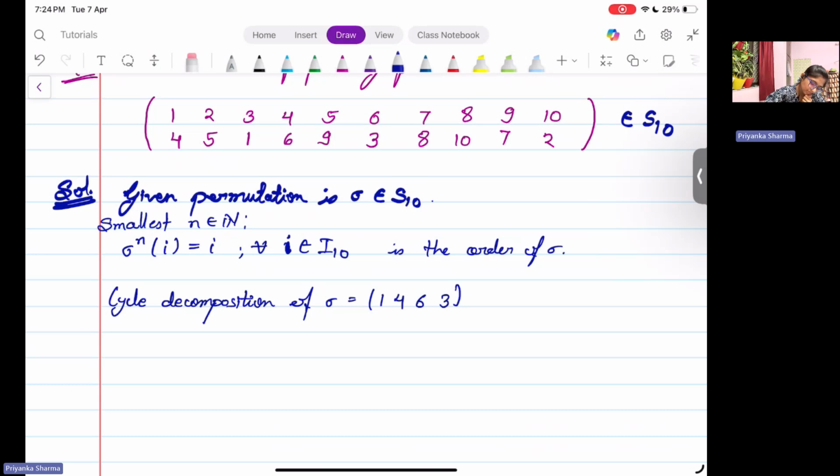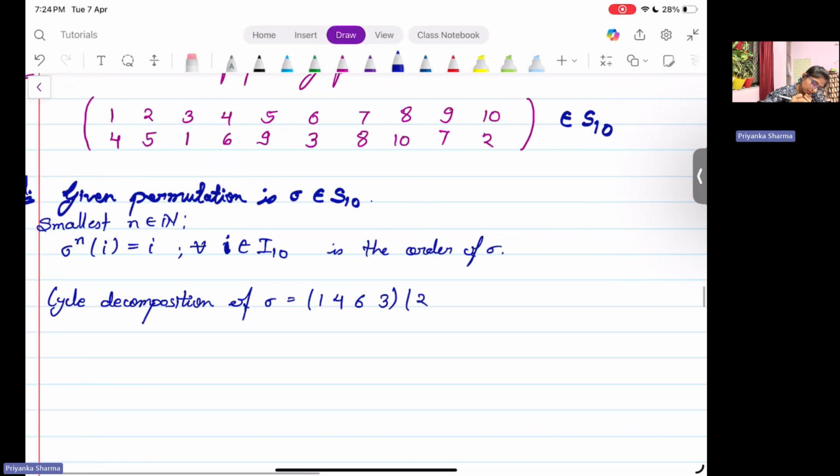So this is the first cycle in the product. Now 2 is not a part of this. So 2 maps to 5, 5 maps to 9, 9 maps to 7, 7 maps to 8, 8 maps to 10, 10 maps to 2. So this completes it. Now there are 4 and 6 elements in the cycles, so this is the cycle form.